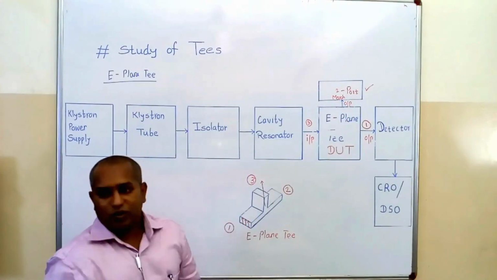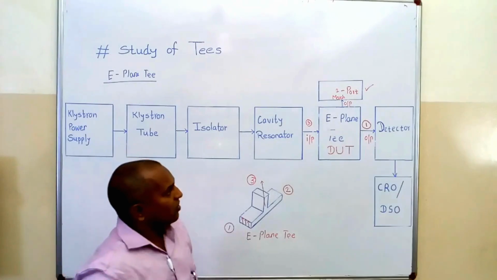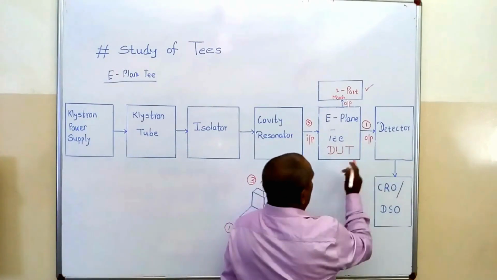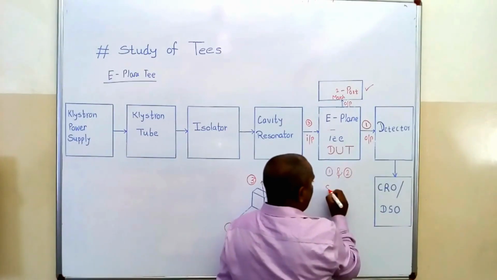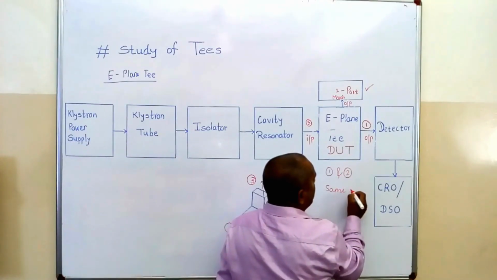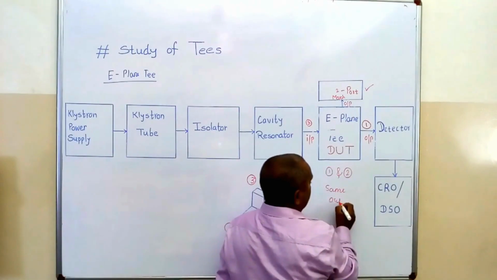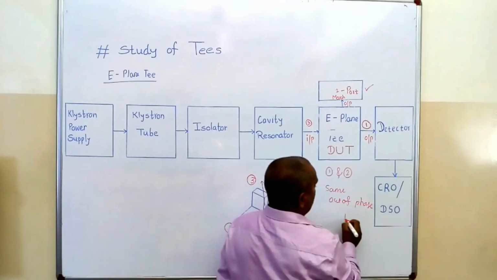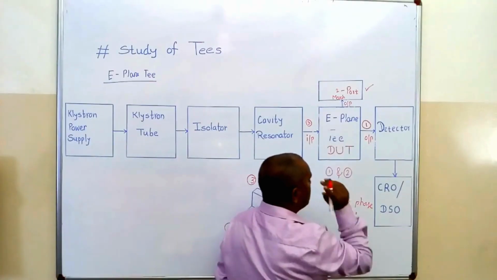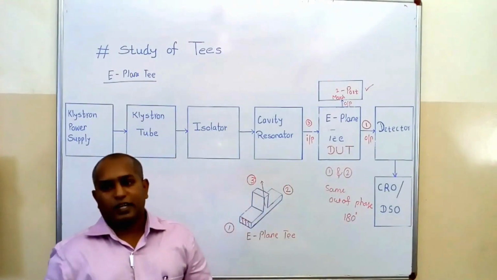So in this case, what will happen? We will get a magnitude across port number 1 and 2 the same but out of phase. That is 180 degrees. This is a specialty of E-plane T.